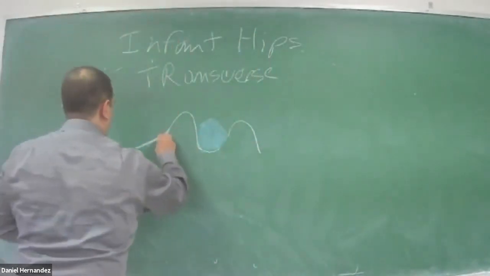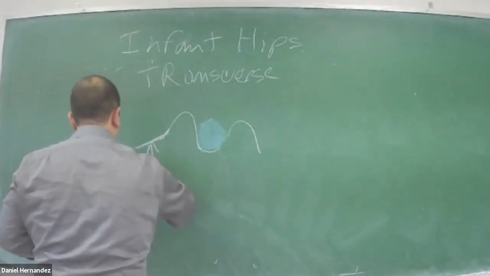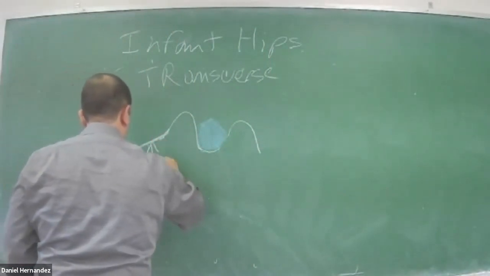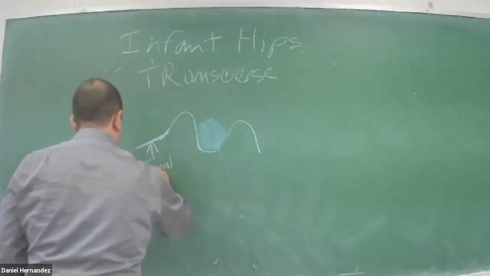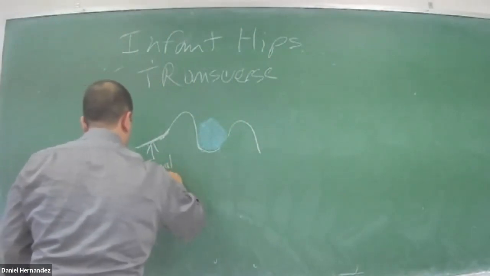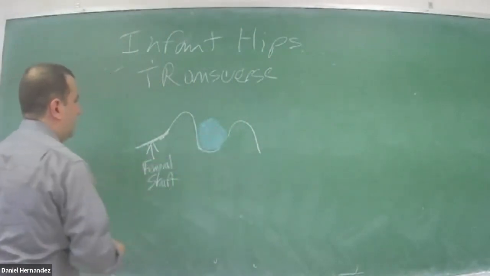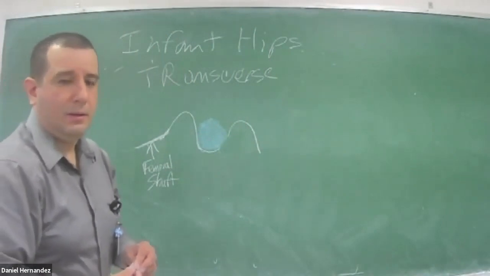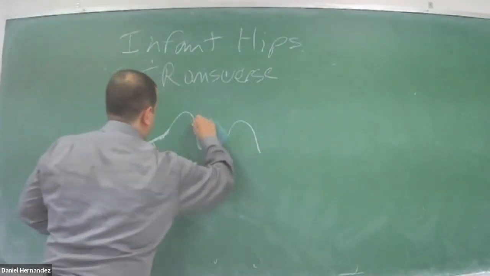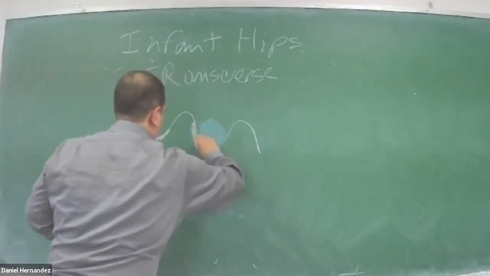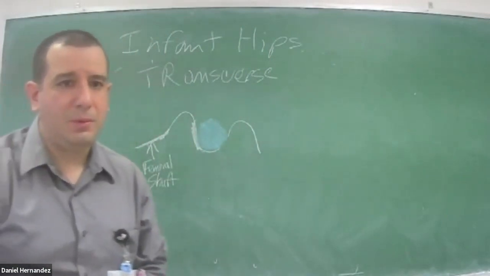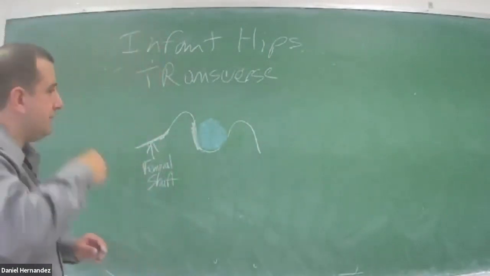Over here is our femoral shaft. Our head of femur. This section over here is the femoral metaphysis.